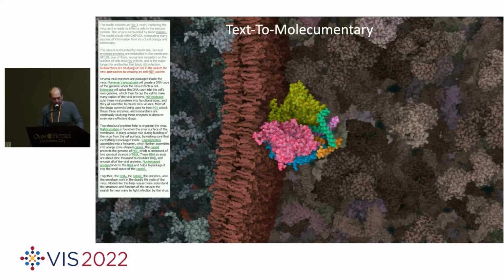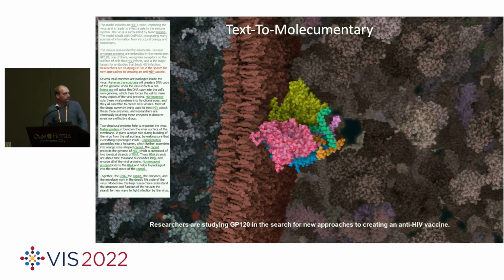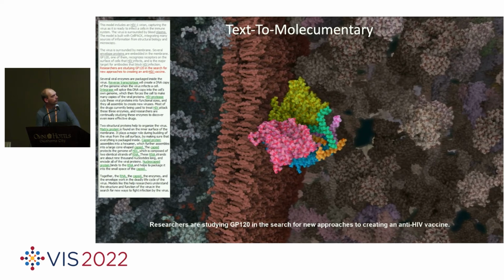The second type of mockumentary we call text-to-mockumentary, where the input is text that contains predefined keywords, and this basically defines the narrative. Researchers are studying GP120 in the search for new approaches to creating an anti-HIV vaccine.